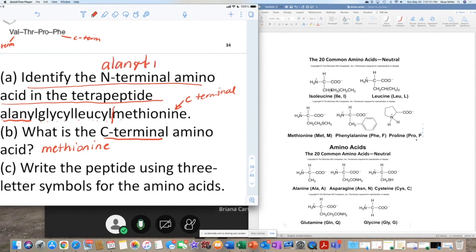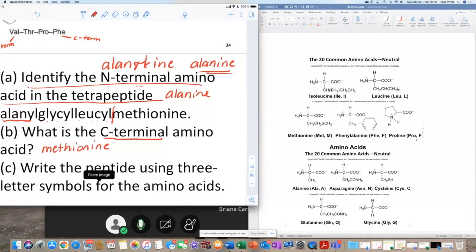Replace the YL with INE, alanine. For some reason, I struggle to say that one. Alanine. There. So the N-terminal one is the alanine amino acid, and the C-terminal one is the methionine. Okay. So let me see. Yeah, the first one, the answer will be alanine.